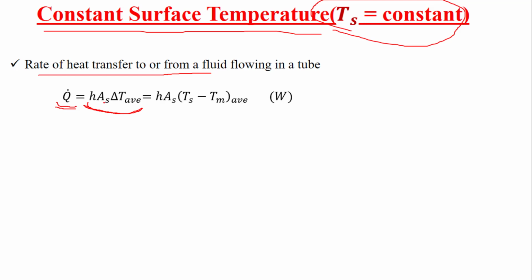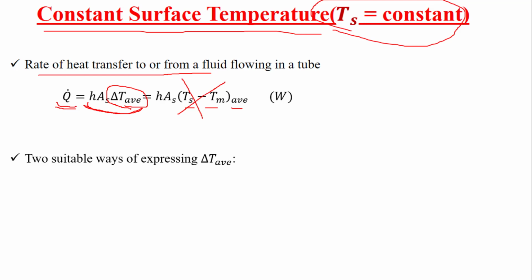So this is h multiplied by As multiplied by delta T averaged, and this delta T average is equal to Ts minus T mean averaged. But this scenario is not acceptable. This delta T averaged, we cannot write it like this in this scenario. What is the best way to write it?